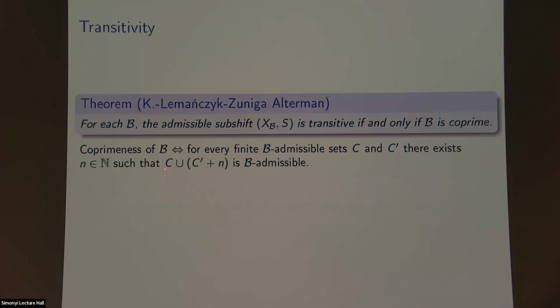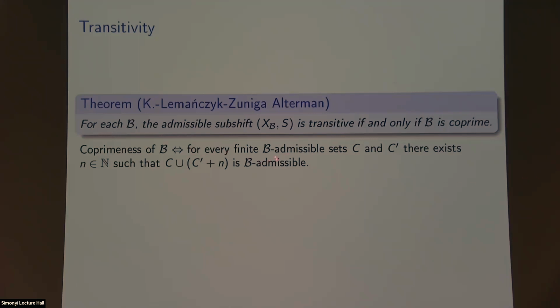What I wanted to say is that this condition is just equivalent to transitivity, and it is relatively easy to see that if you have this property, you can collect all finite B-admissible blocks and put them inductively in one row in one admissible infinite sequence, and this will be the topological generator of the system.